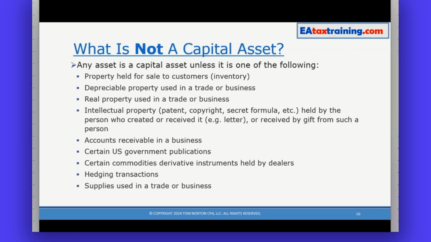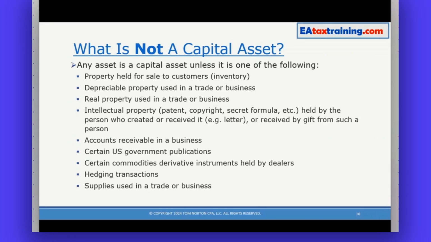So what is this list of assets that are not capital assets? So here it is. Any asset is a capital asset unless it is one of the following: property held for sale to customers, otherwise known as inventory. So inventory is not a capital asset. Depreciable property that is used in a trade or business, not a capital asset.